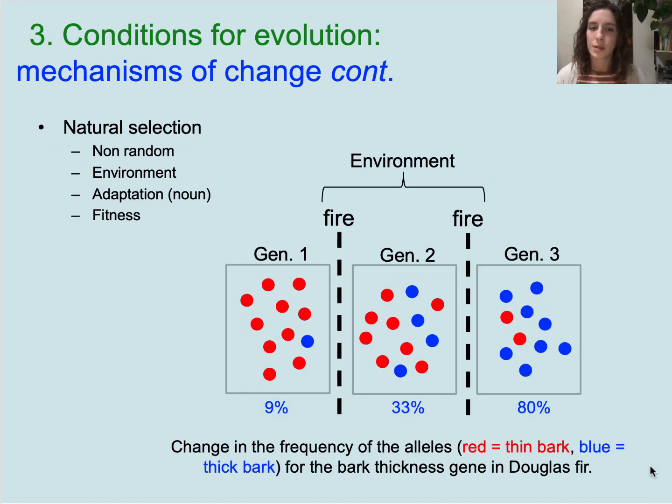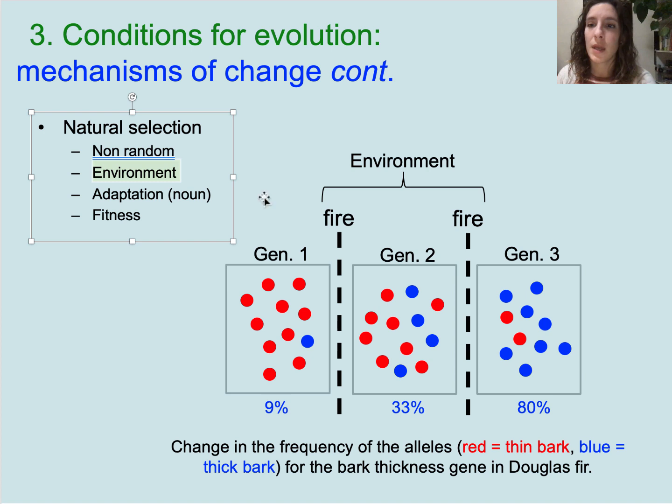Okay, the next slide about evolution. Natural selection is another mechanism of change, right? This is that sort of third major thing we've been talking about here. Natural selection is non-random as opposed to genetic drift, and it has to do with the environment that organisms find themselves in.